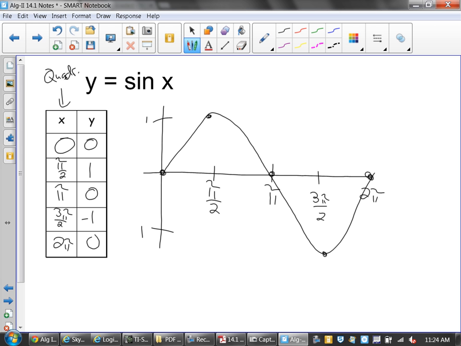There's a couple of things that are going to happen here. We're going to have the form y equals a sine of b times x, where the absolute value of a is your amplitude.